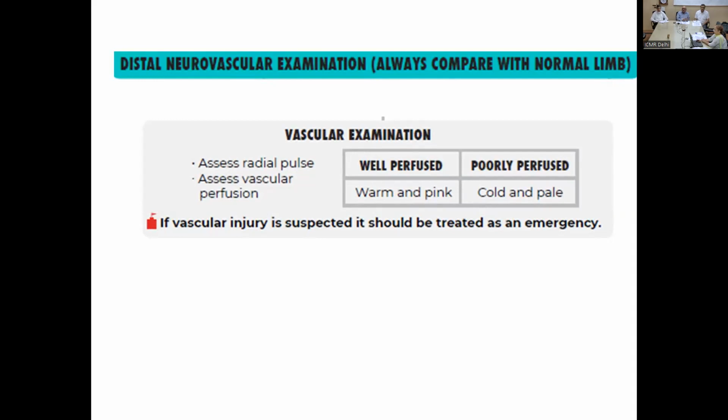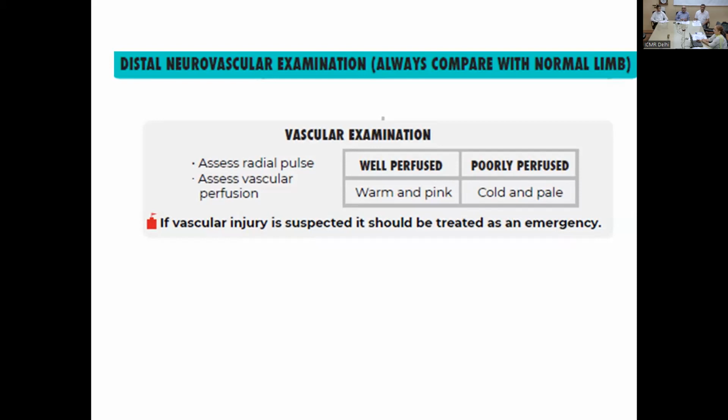For vascular examination, we have to see the radial pulse and also how much is the vascular perfusion in the fingers. If the radial pulse is good, then probably there is no vascular injury. But even if the radial pulse is missing, then we have to see the vascular perfusion distally. If perfusion is good, then probably it is not at risk.